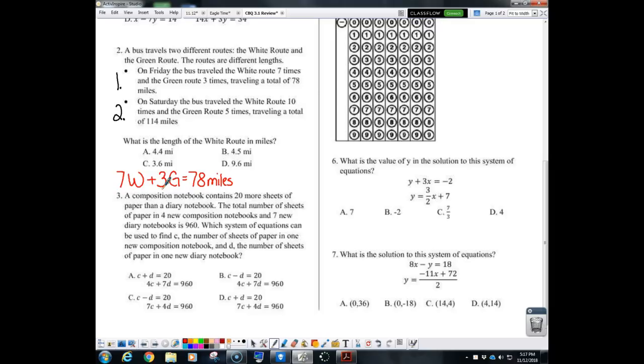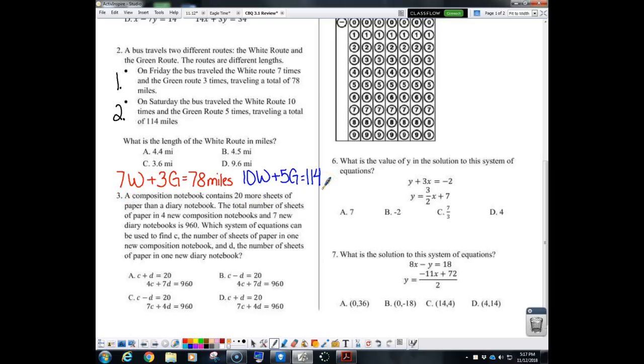The second equation, they say on Saturday the bus traveled the white route 10 times and the green route 5 times for a total of 114 miles. So now you have this equation and this equation.